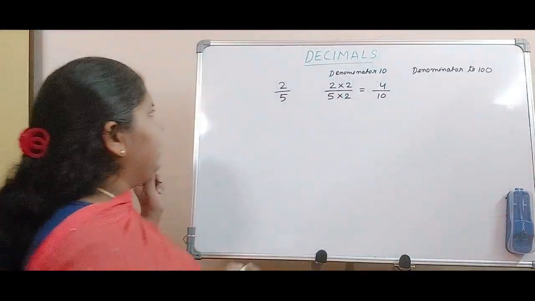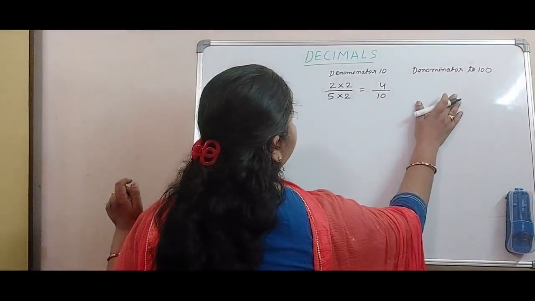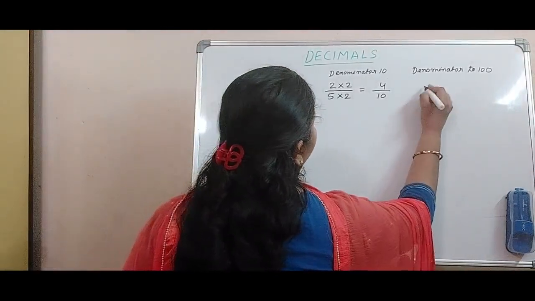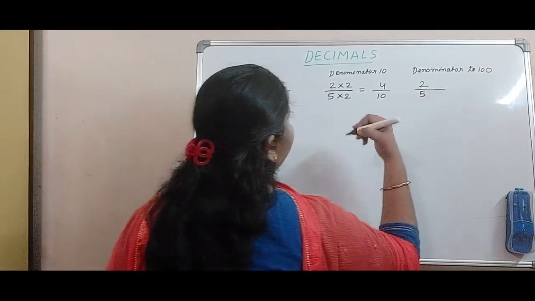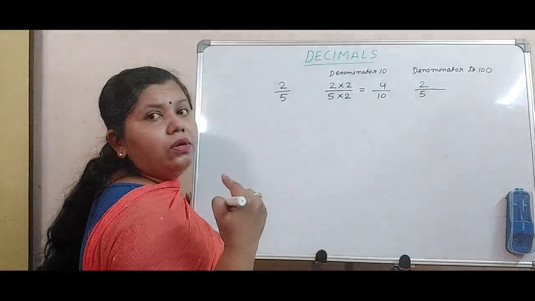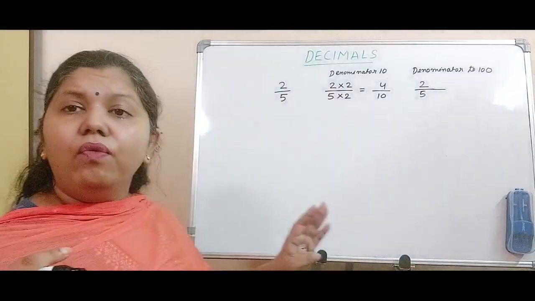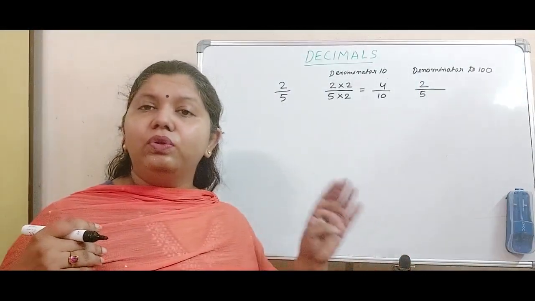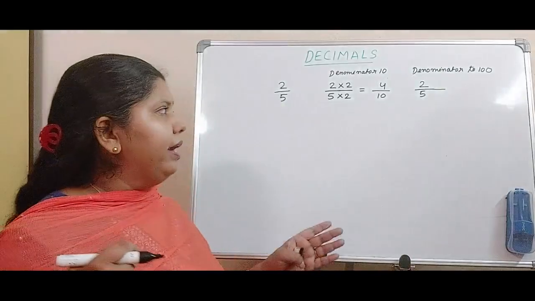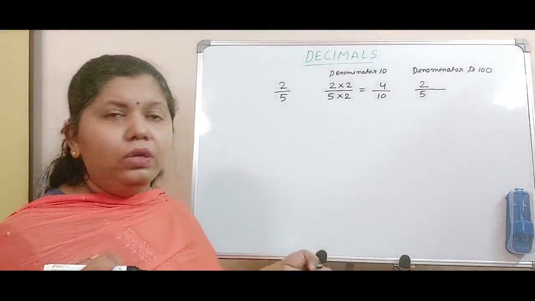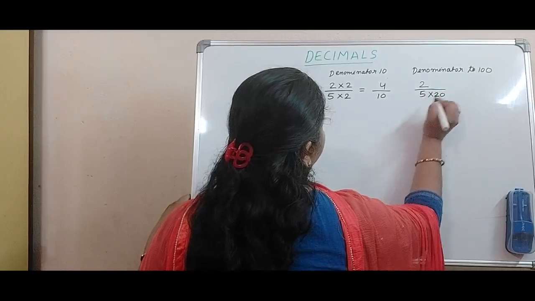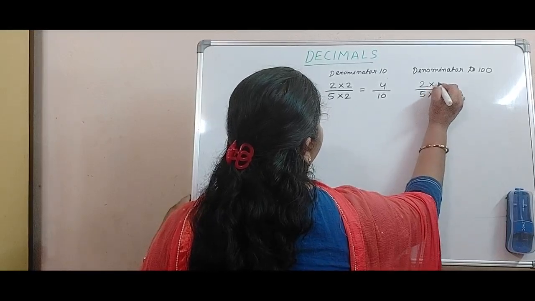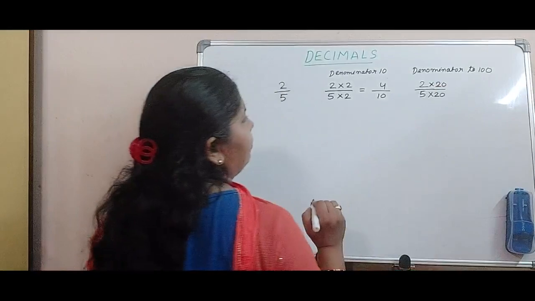Then similarly, if we talk about denominator 100, what do we do? You multiply the denominator 5 by another number; you have to think what has to be multiplied with 5 so that you get 100. We know that 5 into 20 is 100. Then you multiply the numerator also by 20.